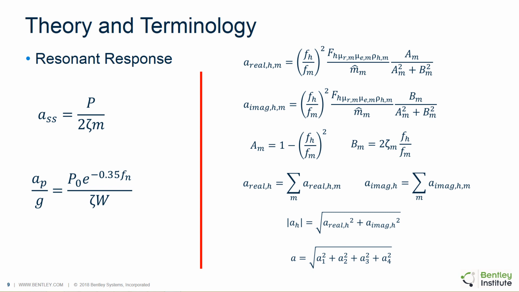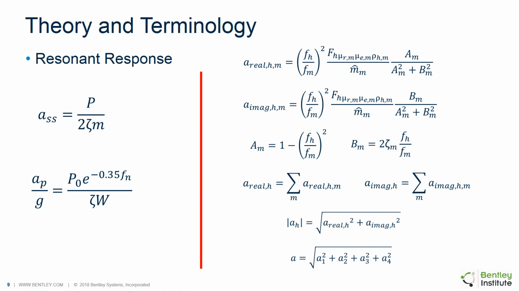So while this equation is likely applicable to simply supported beams and is definitely applicable to a single degree of freedom system, it is not applicable to more complex situations. And so for most concrete floors, this will not be a good equation to use to calculate vibrations. So luckily there's a better way.